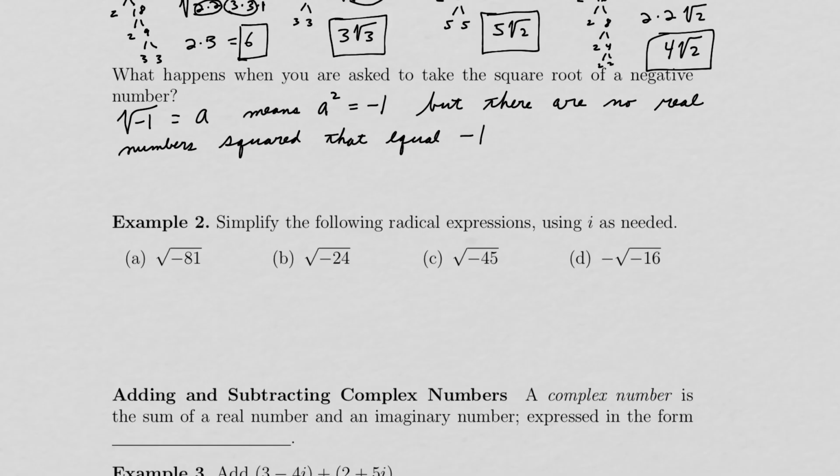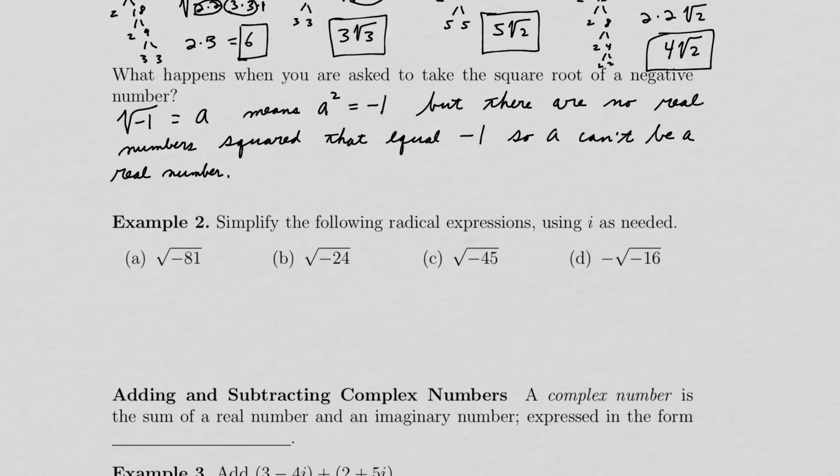So a can't be a real number. Right? There is no real number a such that if you square it, you're going to end up with -1, right? When we square something, we always get something that's non-negative. It could be 0 or it's going to be positive. It's always non-negative.